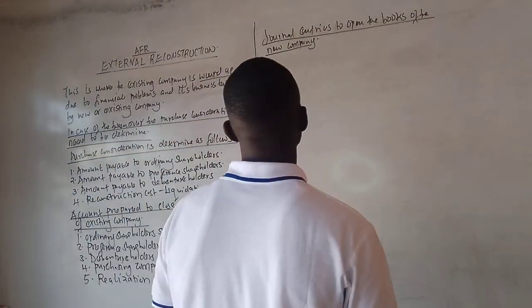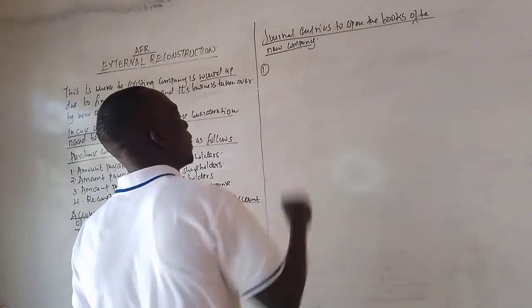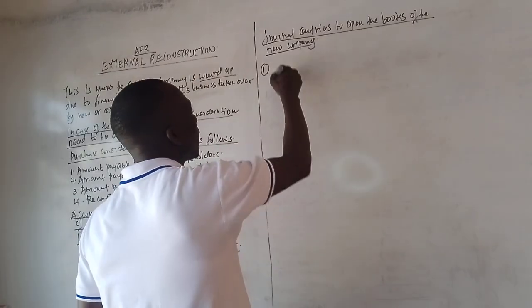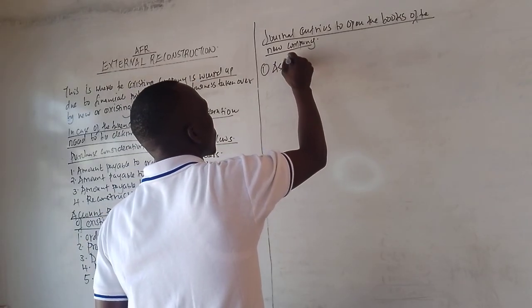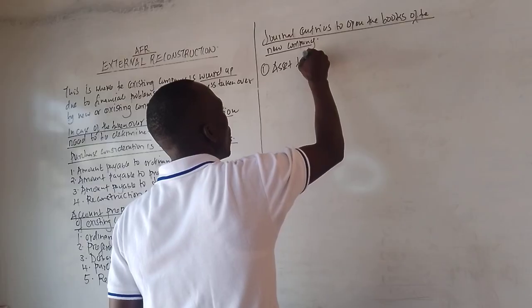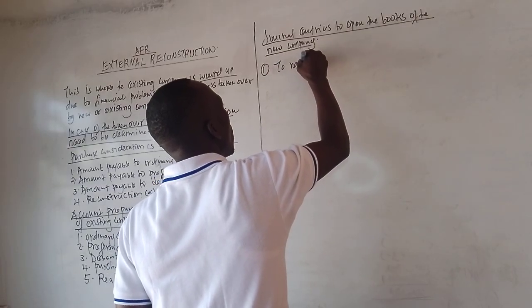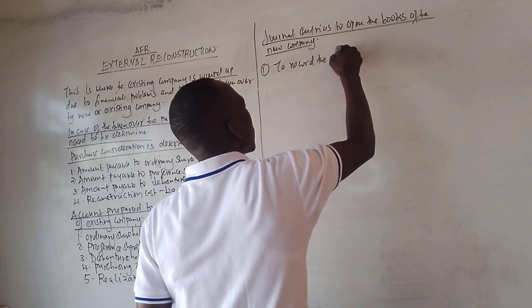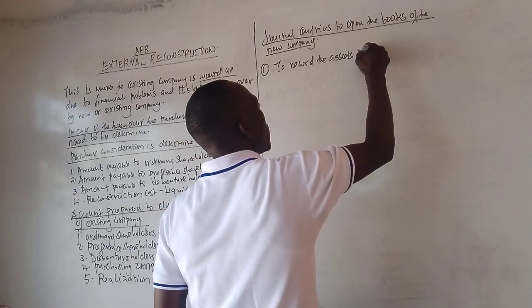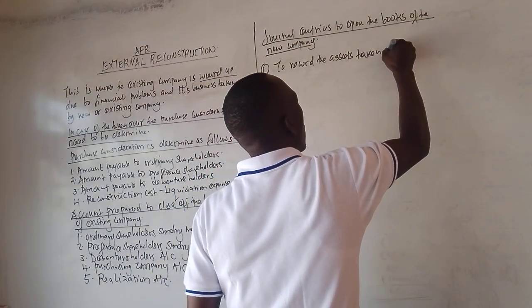The journal entry number 1: we are going to talk about the assets taken over, to record the assets taken over.